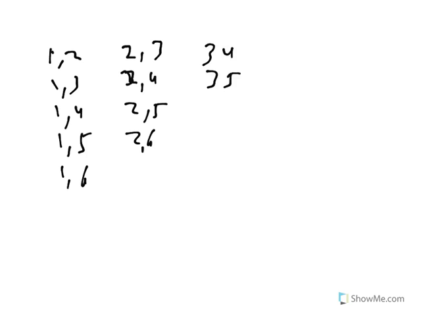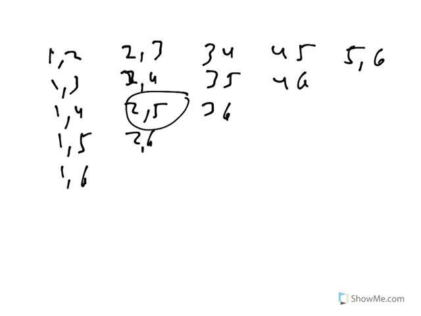I'm not going to put 2, 1 as a separate one because 2, 1 is the same thing as 1, 2. 2, 3, 2, 4, 2, 5, 2, 6, 3, 4, 3, 5, 3, 6, 4, 5, 4, 6, 5, 6. There's the 15 different cups.